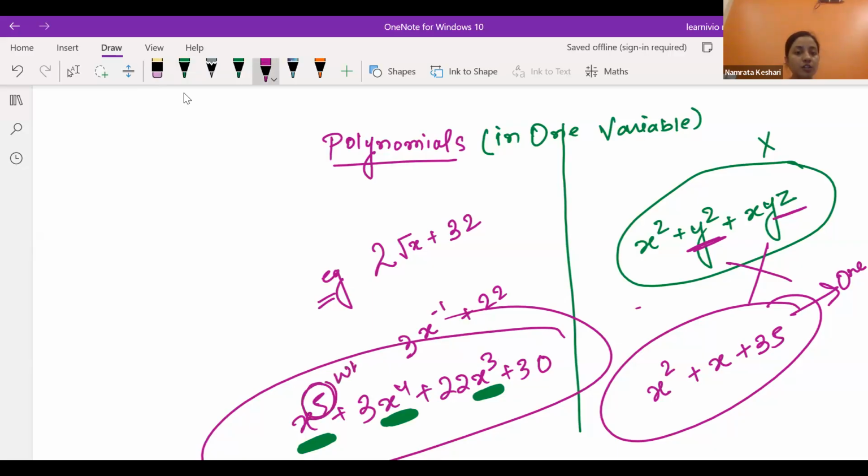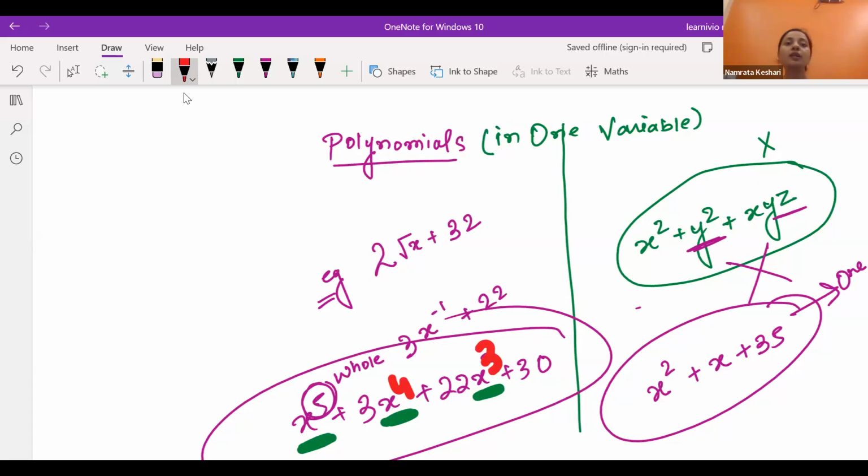So the first power is 5. Is that a whole number, Salwa? Yes. The next power is 4. X to the power 4, it's a whole number. Next power is 3. Is that a whole number? Yes, it is. So all the powers of the variable are whole numbers.